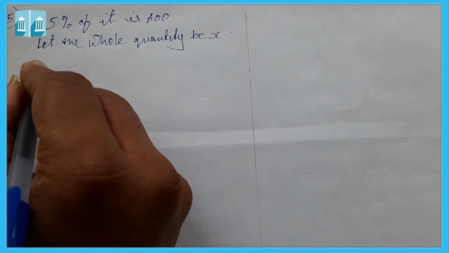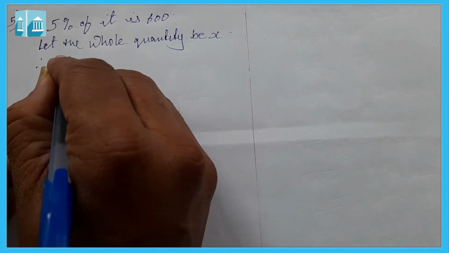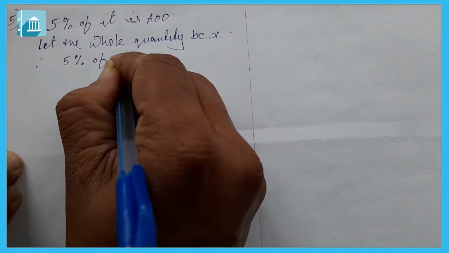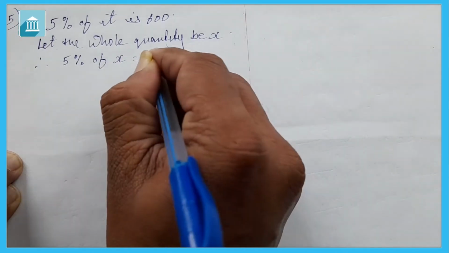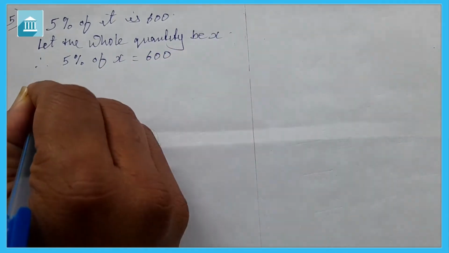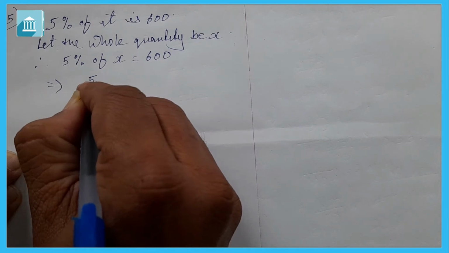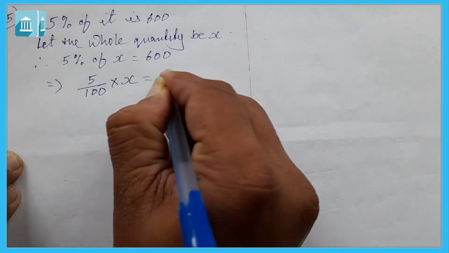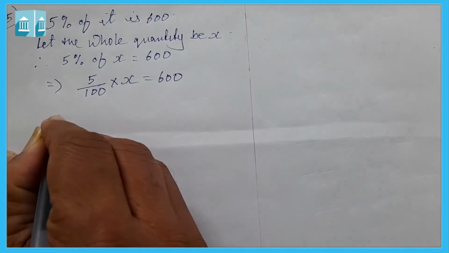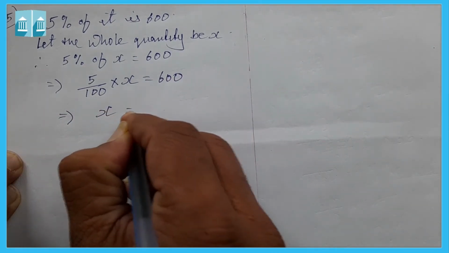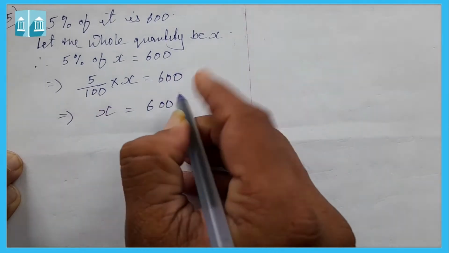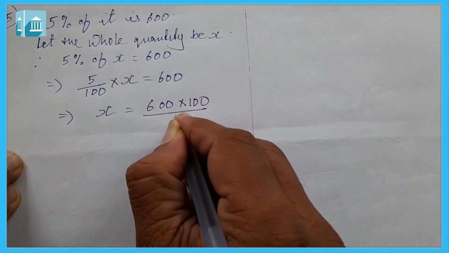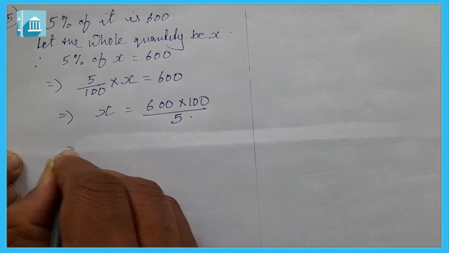Therefore, 5% of x is equal to 600. Now x is equal to 600 multiplied by 100 upon 5.